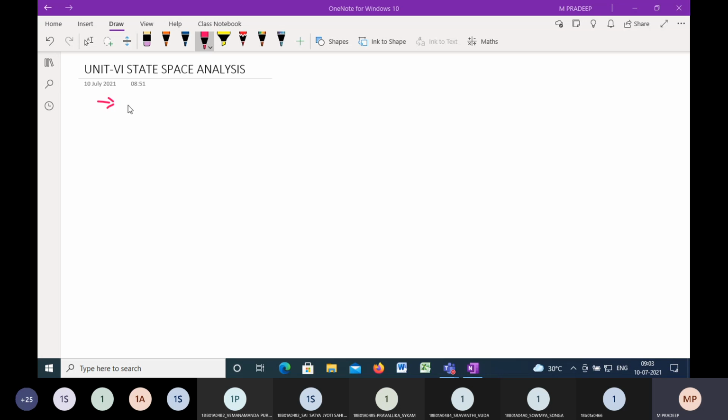Now we are going to consider your last unit, which is the representation of your control system in respect of state space analysis. So now we are going to see the basic introduction that we require for state space analysis. What is meant by state space analysis and what it mainly represents.